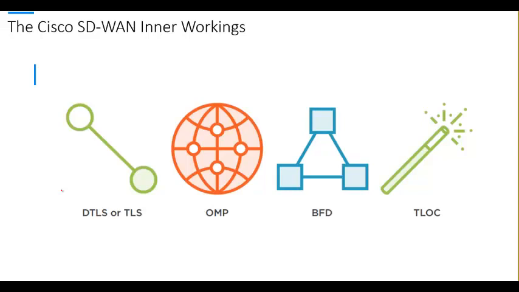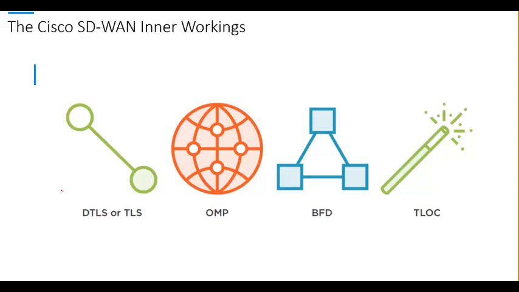So inside this tunnel, you may run any protocol, but this tunnel basically runs this one as the important protocol inside the tunnel. There may be multiple protocols, as I said, like you may be running OMP.